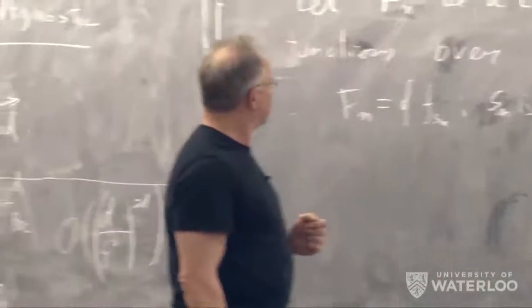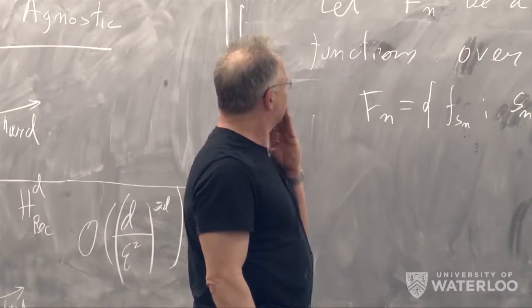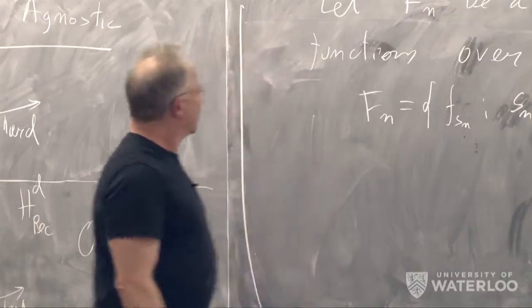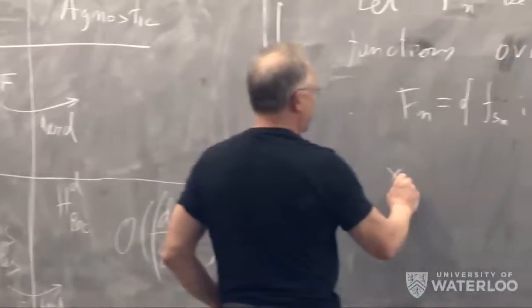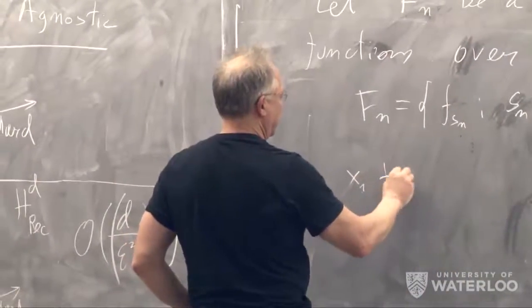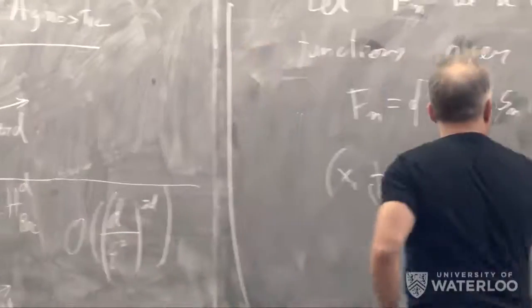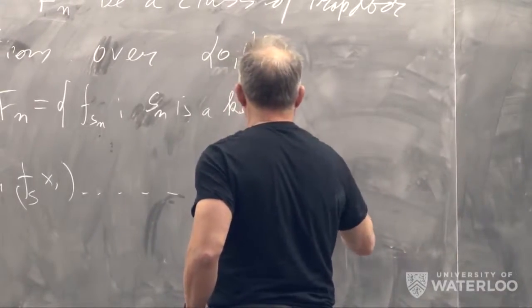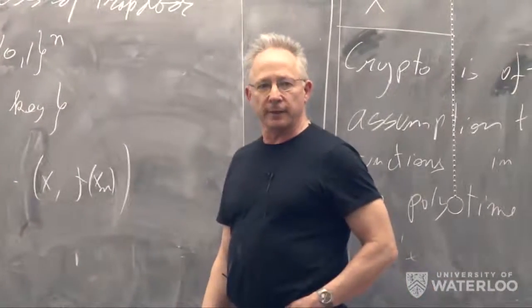And so the point is that if you can generate a list of points, x1, f_s(x1), up to some xm, f(xm), and f is one of those secret functions.